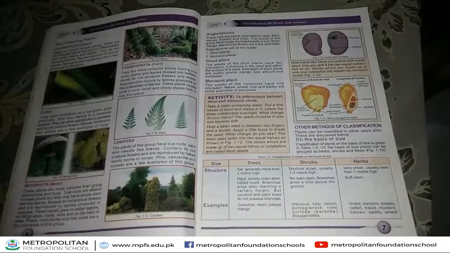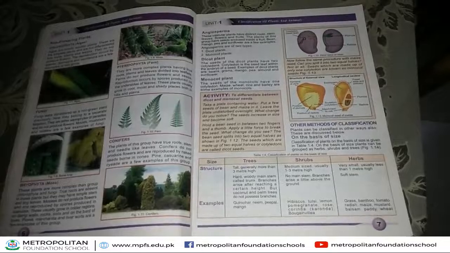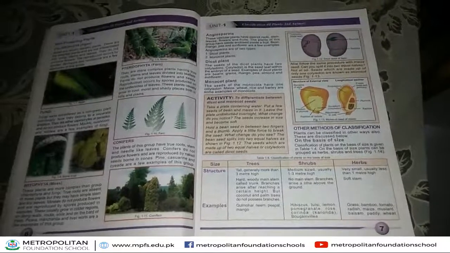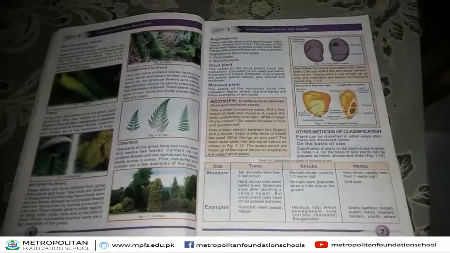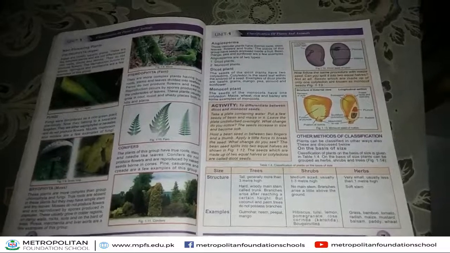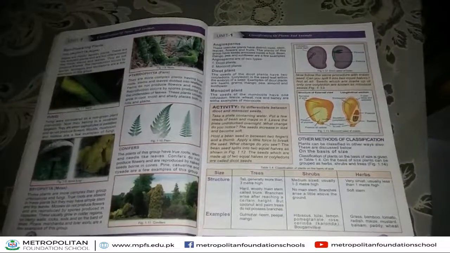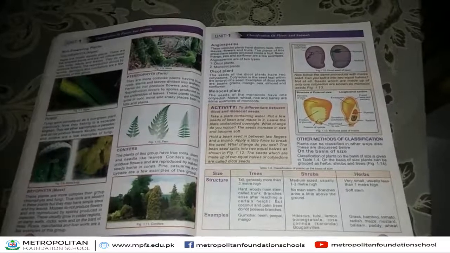In this picture, fern leaves are visible. What do you mean by leaflets? Leaflets means the lamina of the leaf is divided into many divisions. This is called leaflets.